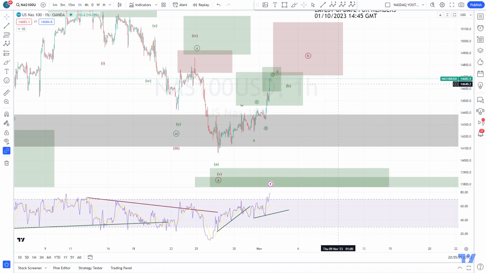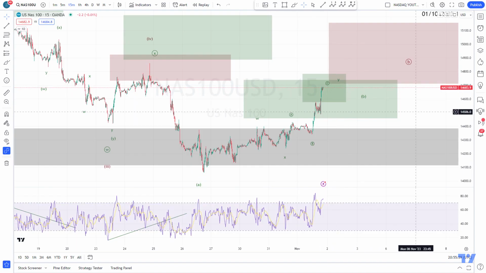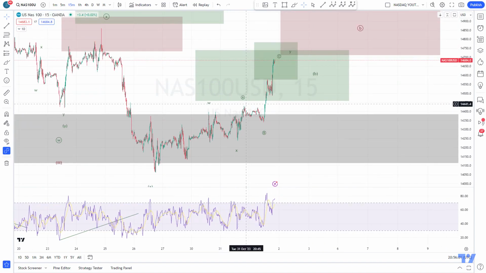Let's have a look in the 15 minutes. So yeah, like this. But then here, okay, we start to have divergence right here in the 15 minute. This could be like the wave 3, the 4, and this could actually be our 5th wave.